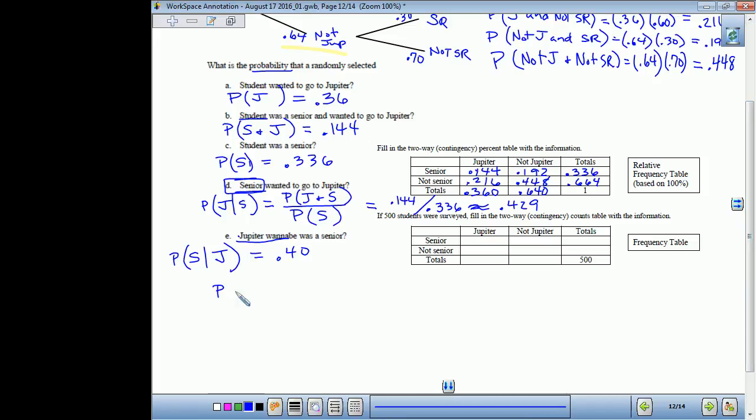So this would be the probability that we're a senior and Jupiter over the probability that we want to go to Jupiter. Okay, so that would be 0.144 divided by 0.36. And guess what this gives us? 0.40. This is some crazy stuff.